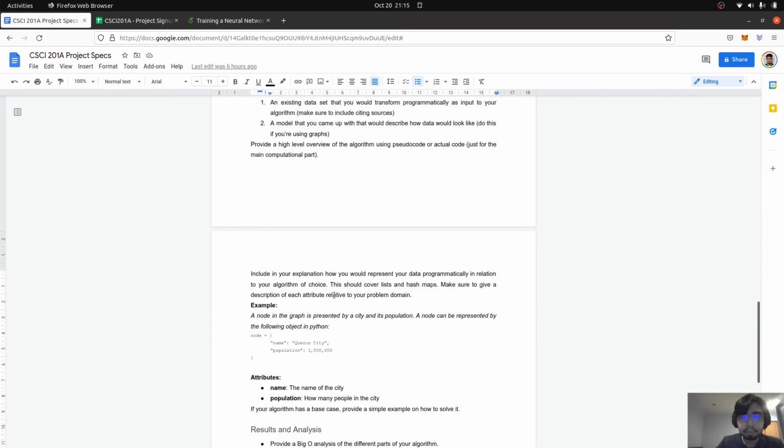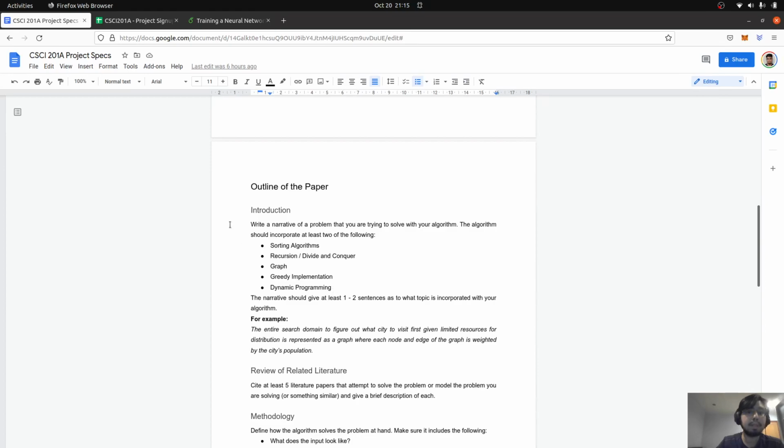Okay. So let's go into it a little bit deeper. For the introduction, it will just be a narrative of what you plan to do, similar to our first submission. Now, in order for it to be a valid narrative, your algorithm should incorporate at least two of the following, which is basically the topics that are covered in class.